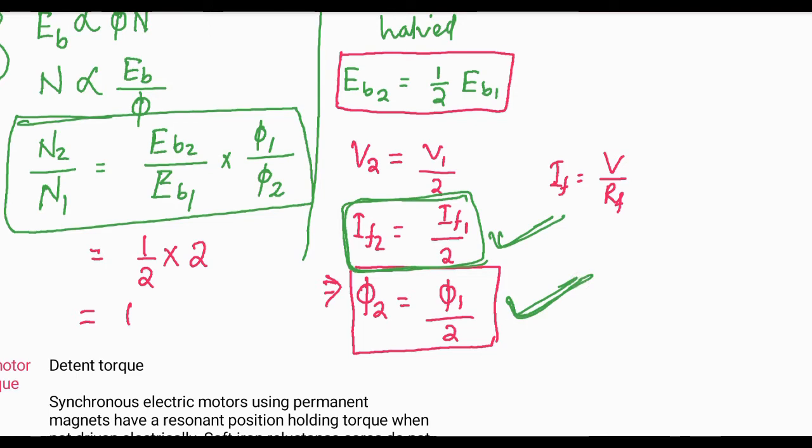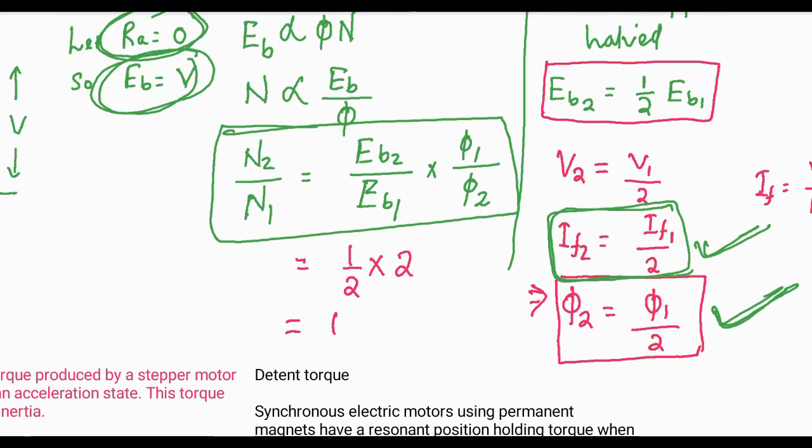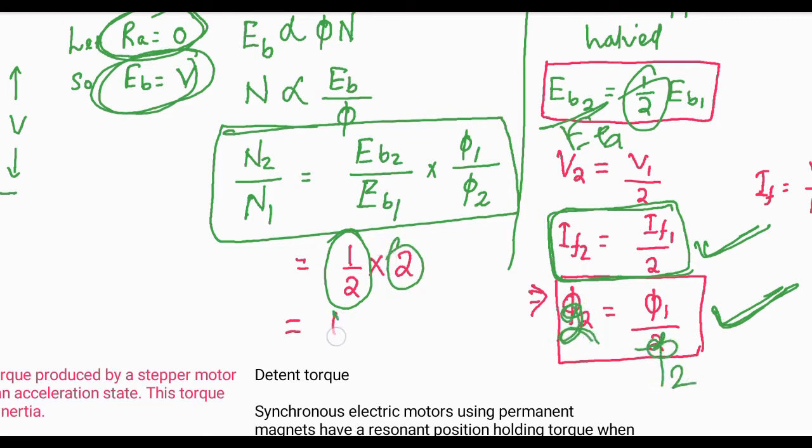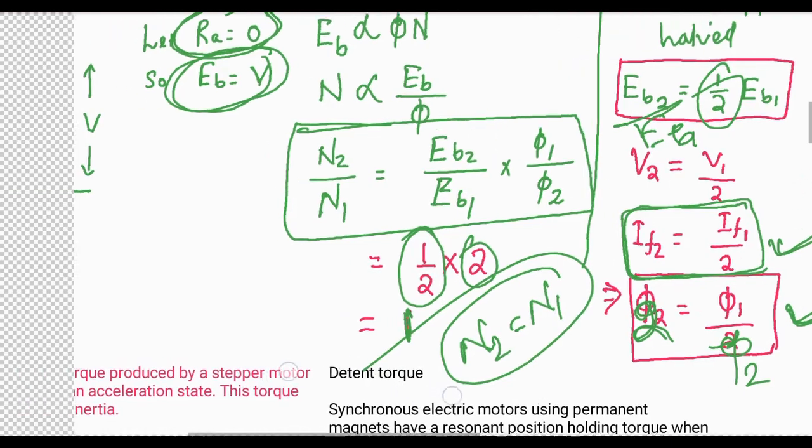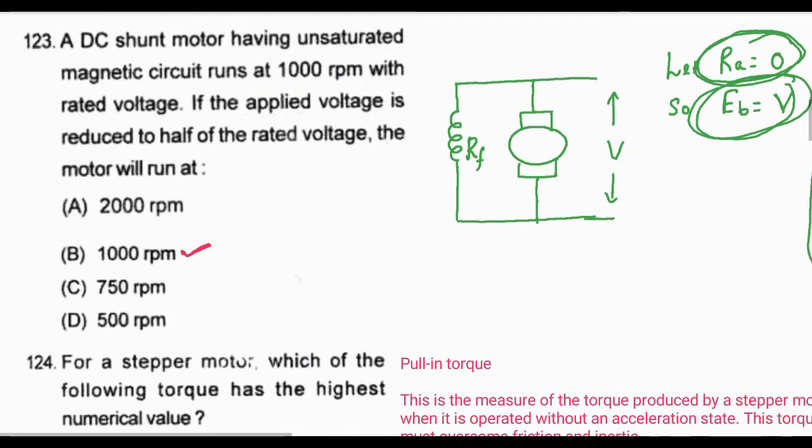So EB2 by EB1 is equal to half, I have put half here, and phi 1 by phi 2 will be 2. So this is 2 and this is 1, that means N2 will be equal to N1.